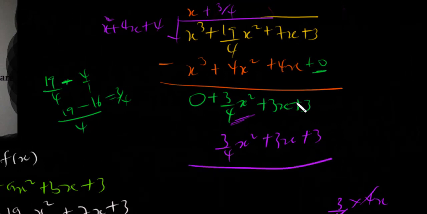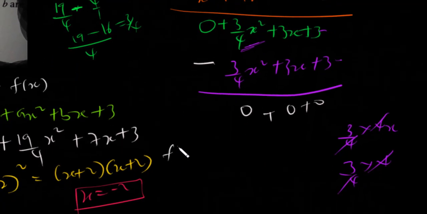So when you look at the terms here and there, they are the same, term by term. So you have 3 over 4 x squared, 3 over 4 x squared. When you subtract, you get 0. Here too you have 0, here too you have 0. So because the remainder is 0, it implies that x plus 3 over 4 is a factor of this.